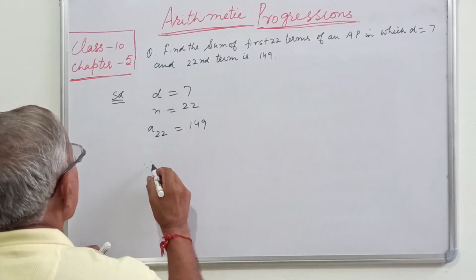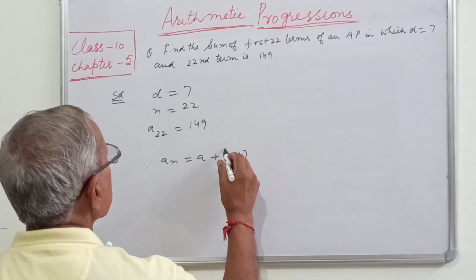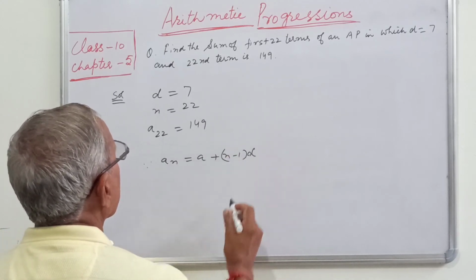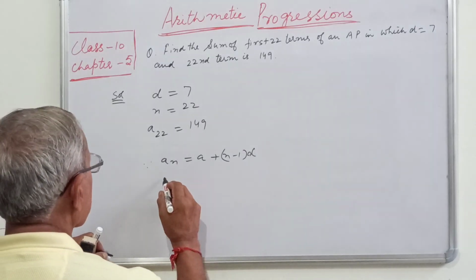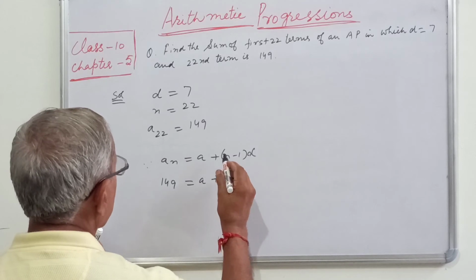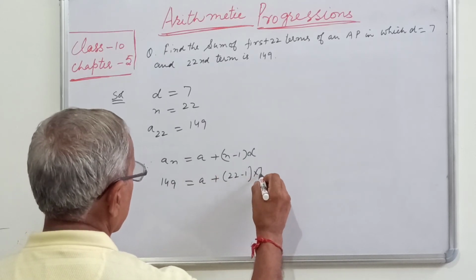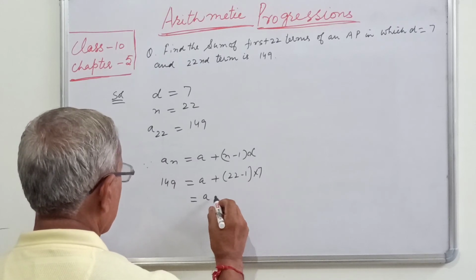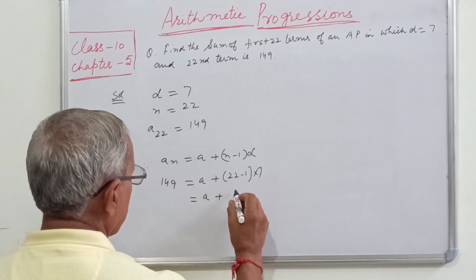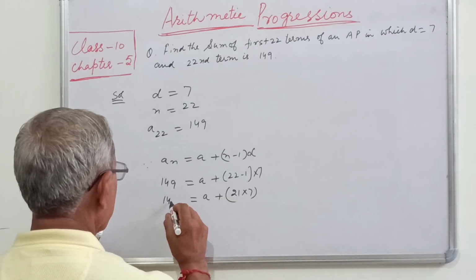So since an is equal to a plus n minus 1 into d, so an is 149, a plus n is 22 minus 1 and d is 7. 21 multiply 7, 149.